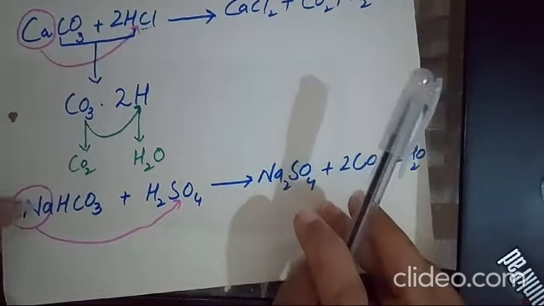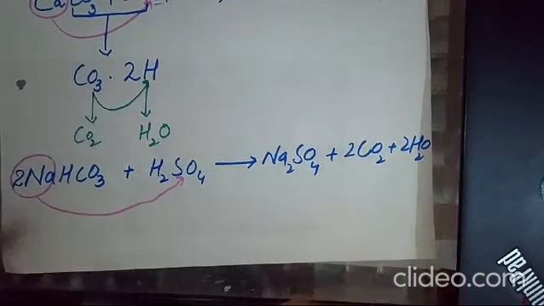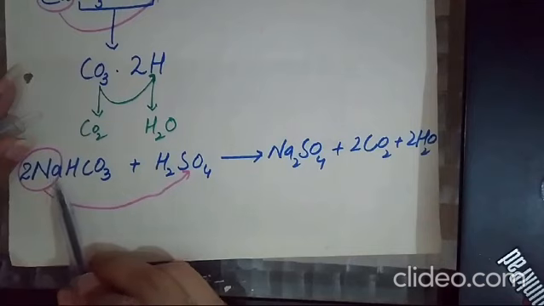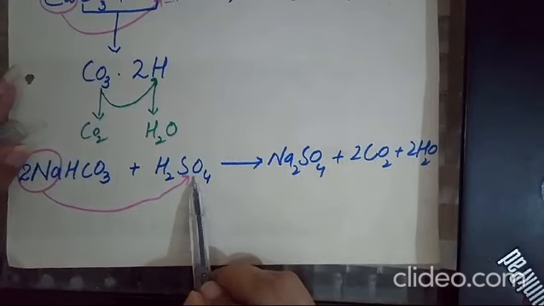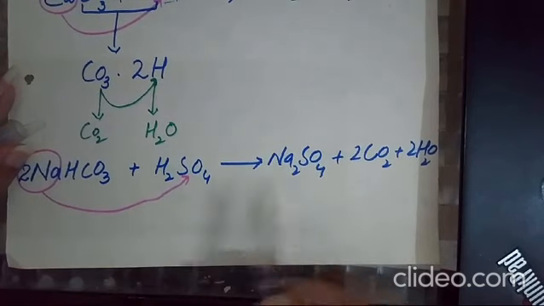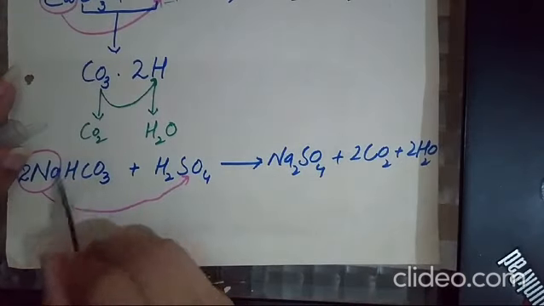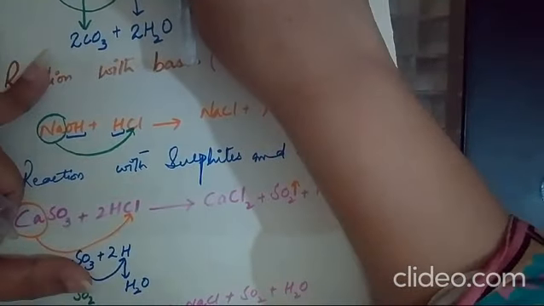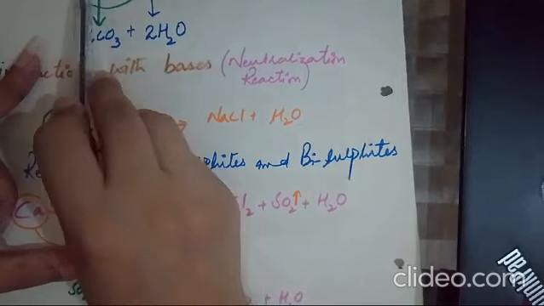Okay, the next one is bicarbonate. Sodium bicarbonate reacts with sulfuric acid. Again, similar mechanism. The first element, sodium, goes towards the last one of the second reactant, SO4, and forms Na2SO4. Then what is left behind is HCO3 and H2.